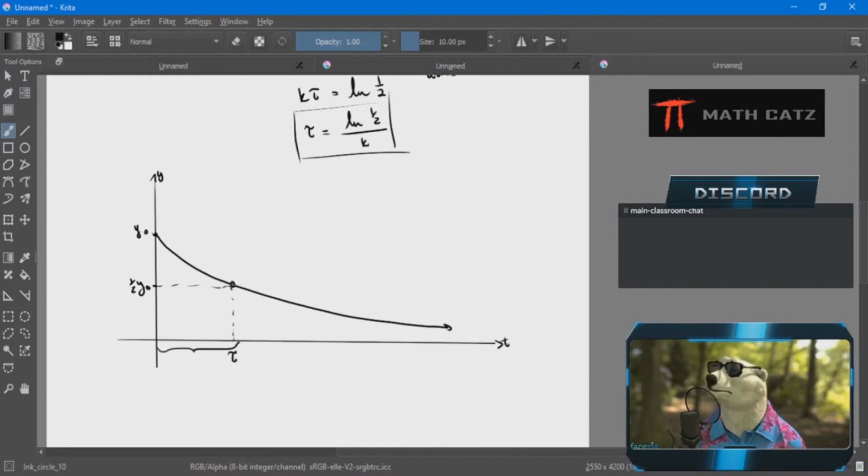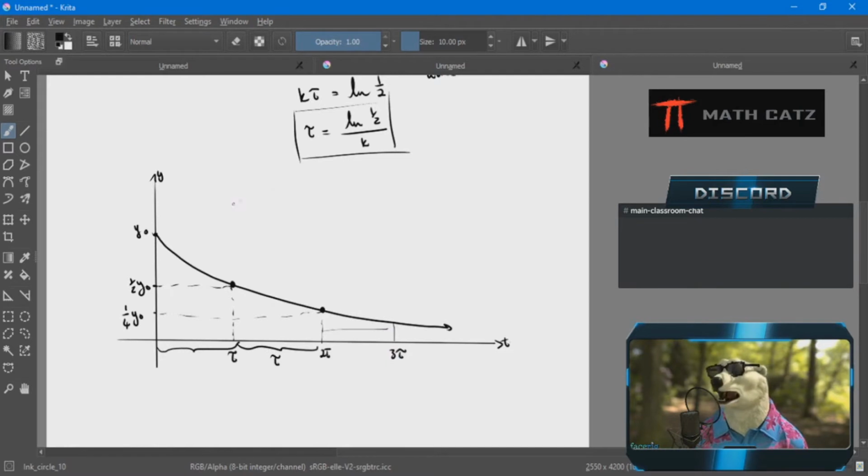From this point, to get to half of what I had at that point, which would then be a quarter y0, takes another tau, and so on and so on.